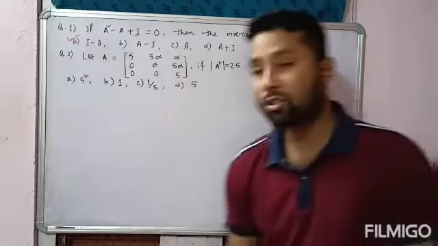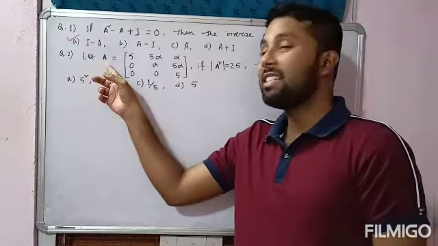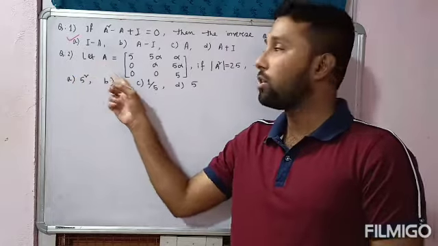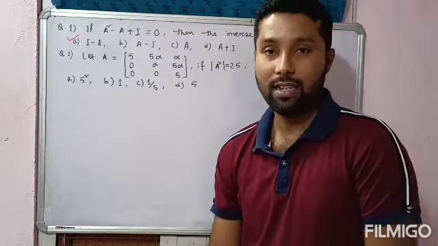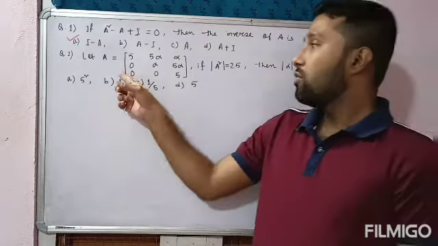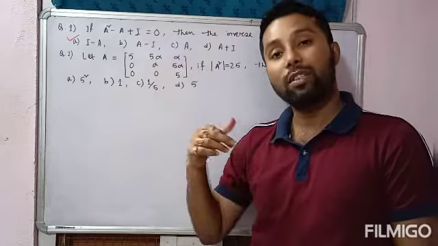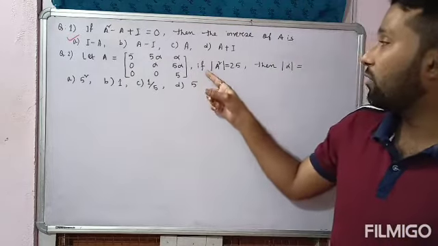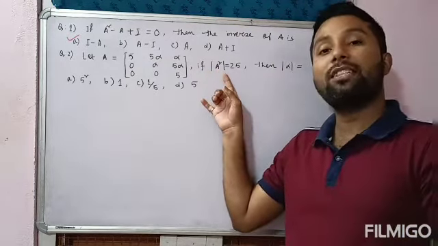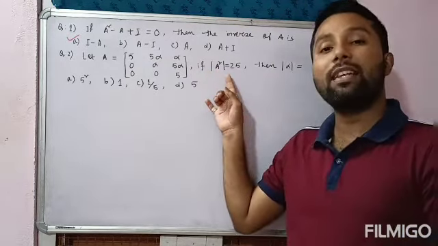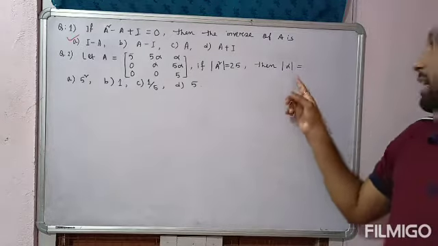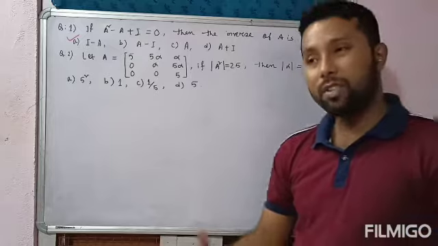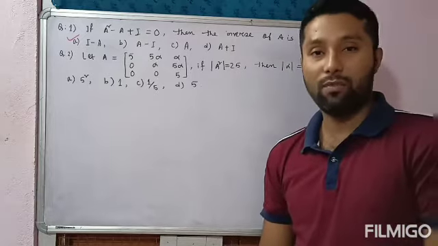Now the second question is, let A be a square matrix of order 3, and if determinant of A square is equal to 25, then what will be the value of mod alpha, which means determinant of alpha also.